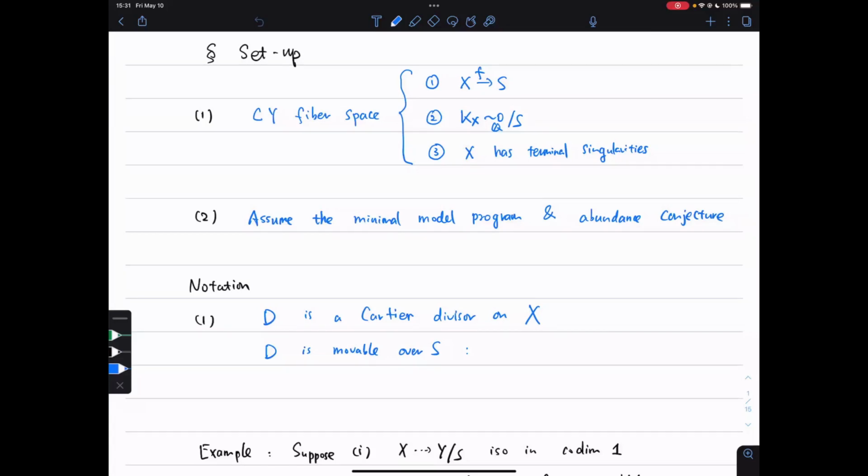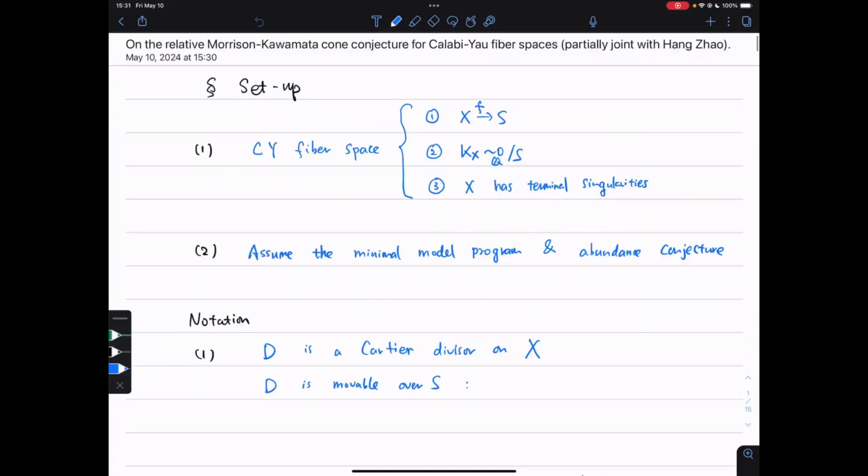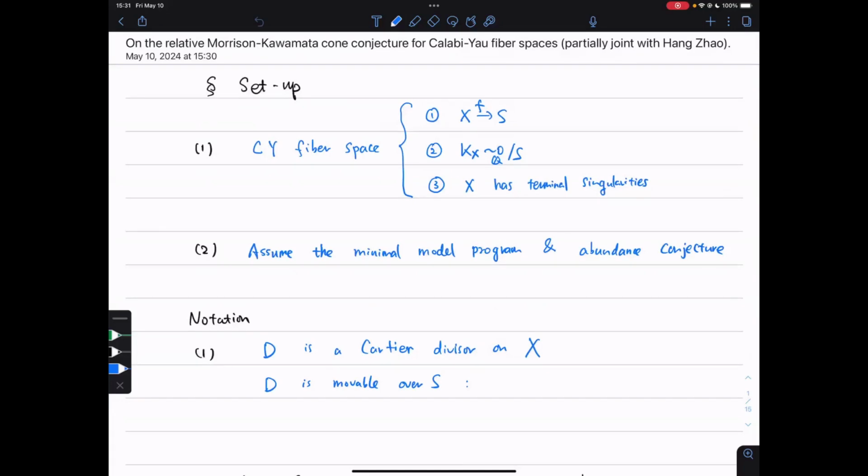All right, so my talk is about the relative Morrison-Kawamata cone conjecture for Calabi-Yau fiber spaces, and this is work partially joint with Hang Zhao. Let me first briefly recall the setup. We have a Calabi-Yau fiber space. I will write CY for a fibration of Calabi-Yau.